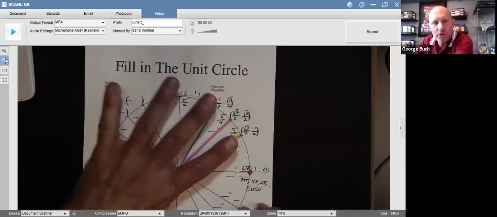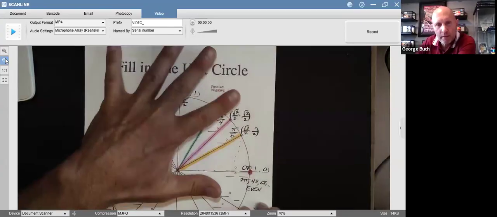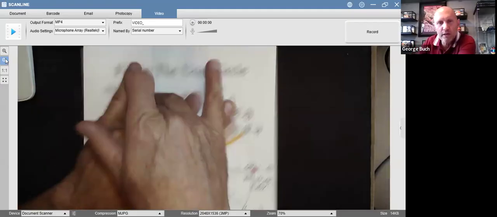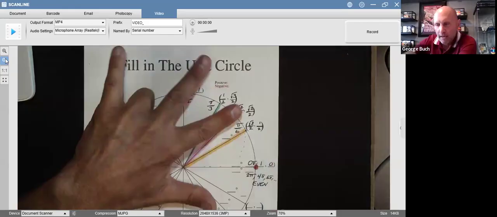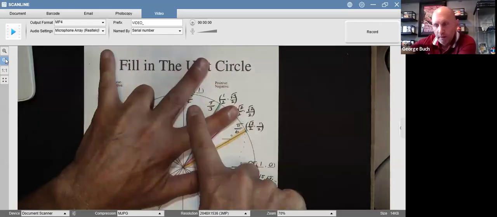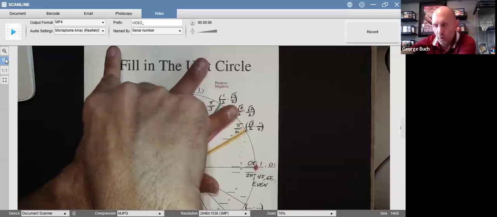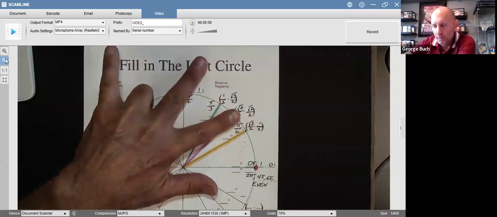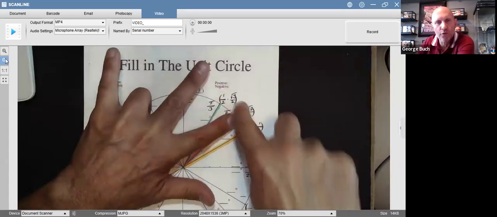So if I wanted to know pi over 3, and I know that it's here, my ring finger, if I close that one underneath, I have 1 and 3. Or I have square root of 1, which is 1 half, and square root of 3, so square root of 3 over 2.